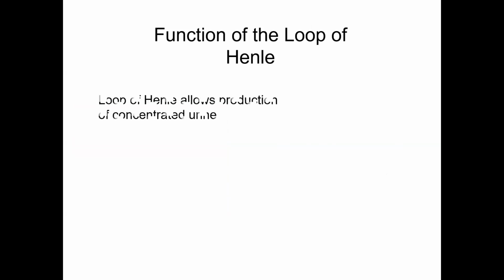Now we can talk about the function of the loop of Henle. The loop of Henle allows production of concentrated urine.